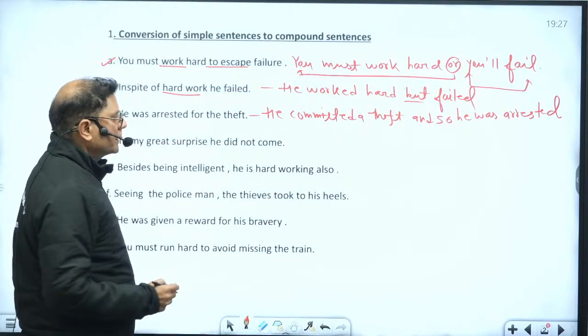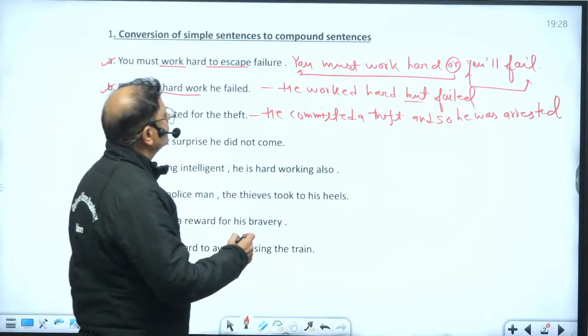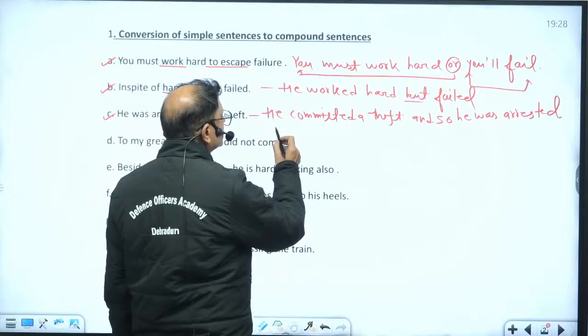So this is how we can change it into a compound sentence.